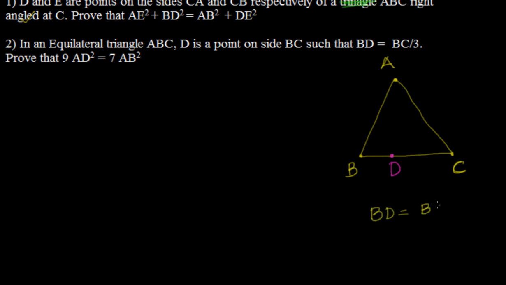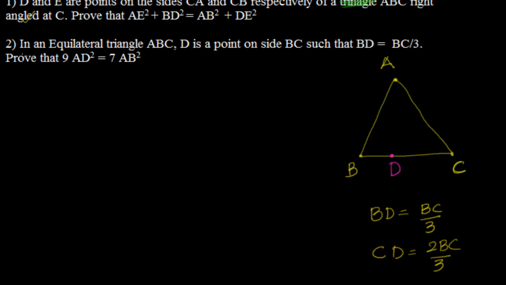So automatically we know that CD is equal to 2BC by 3. Now you have to prove 9AD square equals 7AB square.